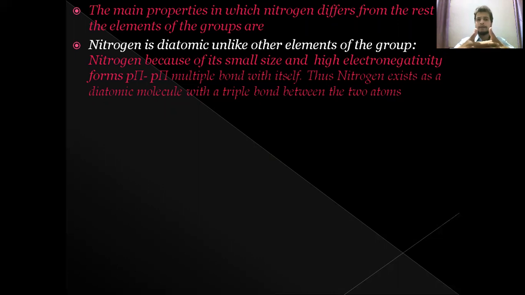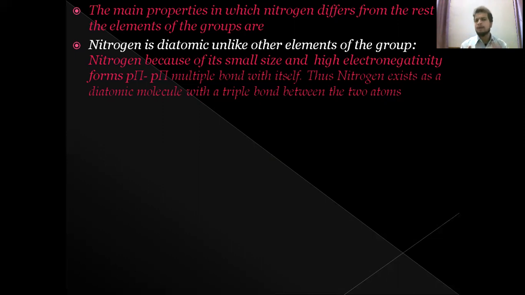After that, the other p orbitals which are present can laterally overlap and form pi bonds. There are two other p orbitals left, so they can form lateral overlapping and form pi bonds. So the first one will form a sigma bond, the other two will form pi bonds. As a result, they form a nitrogen-nitrogen triple bond and exist as a diatomic molecule.